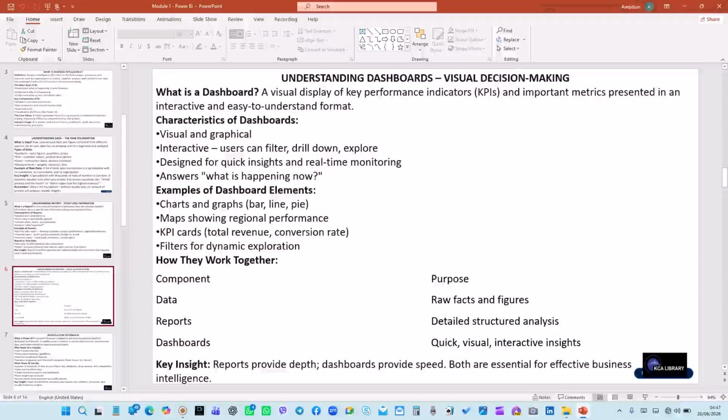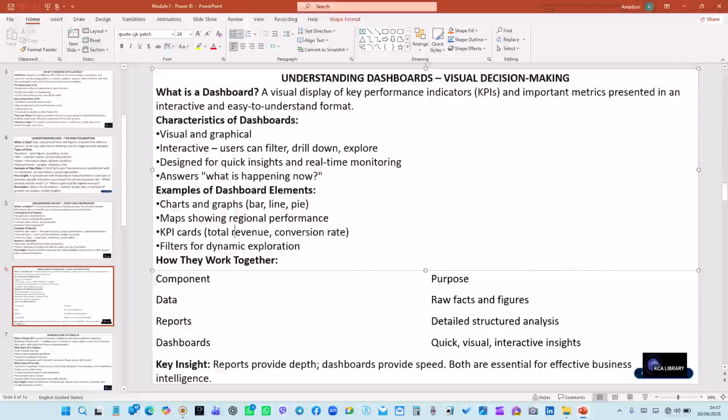Characteristics of dashboards include: it is always visual and graphical, it is interactive, that is users can filter, drill down and explore. It is designed for quick insight and real-time monitoring. Finally, a dashboard answers what is happening now. Examples of dashboard elements include charts and graphs, maps showing regional performance, KPI cards, and filters for dynamic exploration.